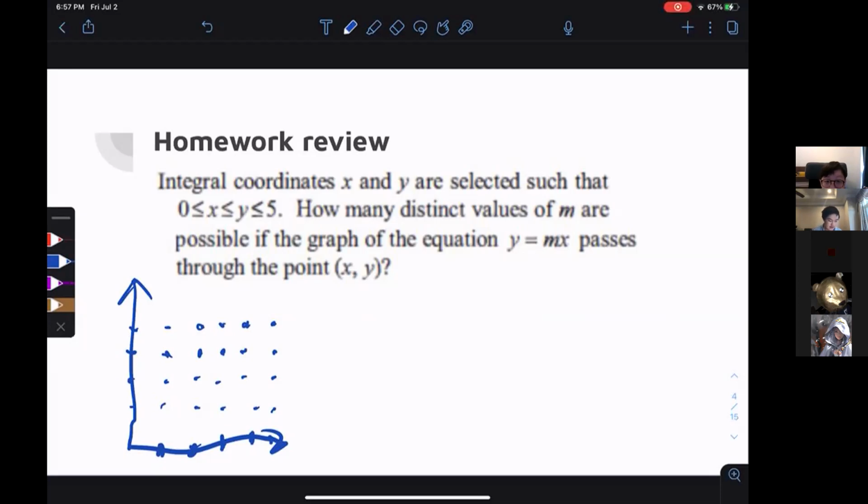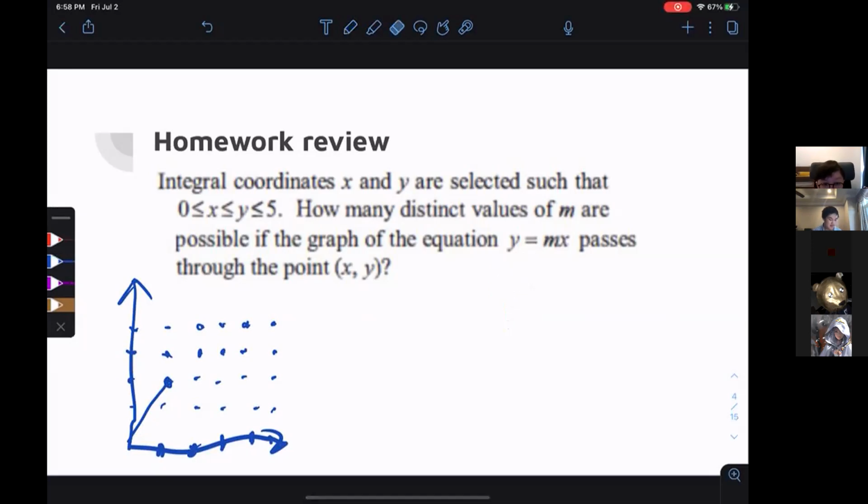So you know that since the line goes through one of these points with integer coordinates, the slope has to be a rational number, a fraction. So if the line went through (1, 2), then the slope would be 2 over 1.